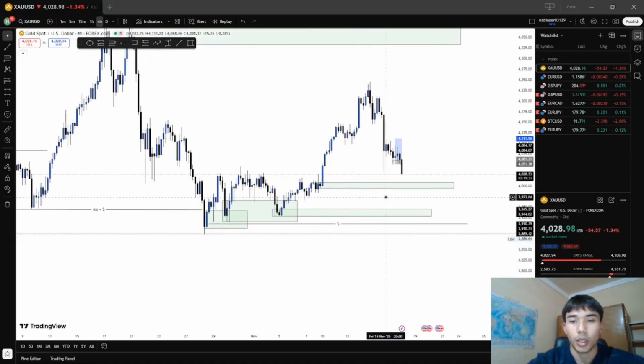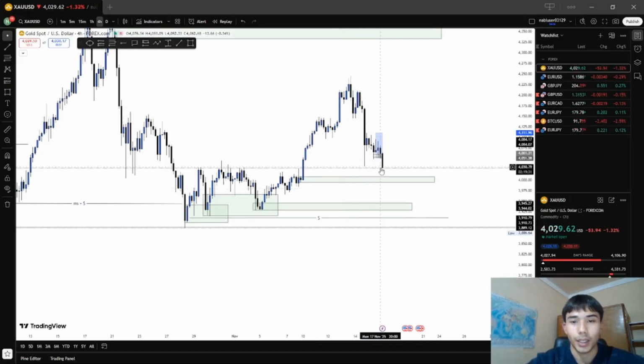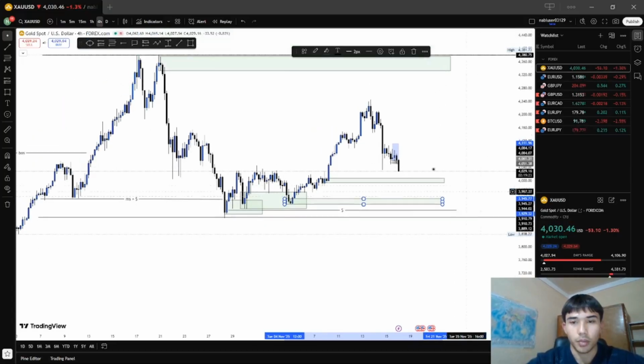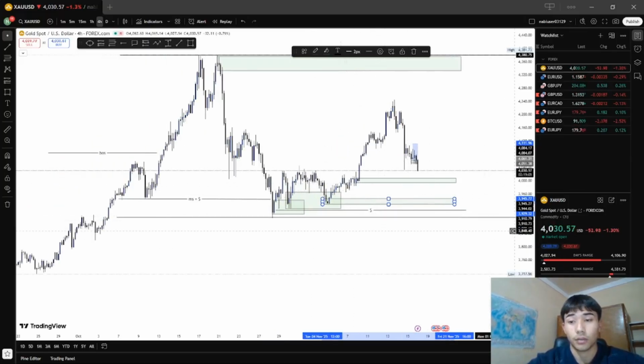So we are waiting for the price to get here and mitigate those respective demand zones and hit back up, because there are two mitigated demand zones, so there's a very high likelihood of the third and the fourth demand zones to get mitigated and respected.